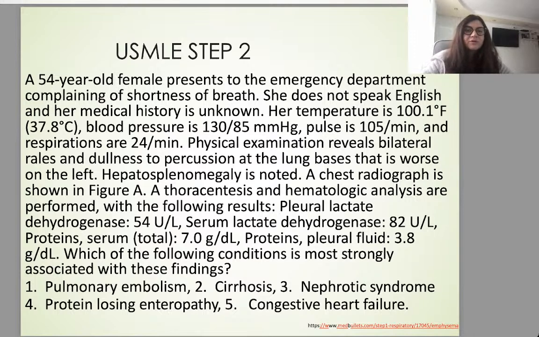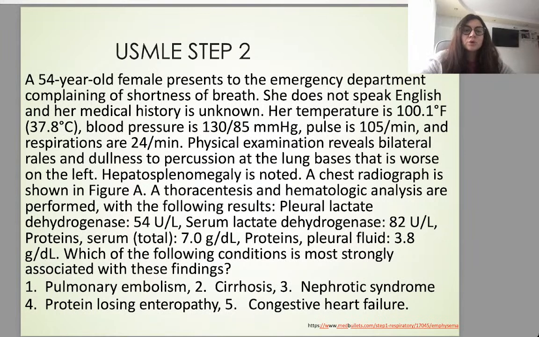Physical examination reveals bilateral rales and dullness to percussion at the lung bases that is worse on the left. Hepatosplenomegaly is noted. Chest radiograph on the picture. I did not include the picture, that's why we have just the clinical picture, just objective symptoms.